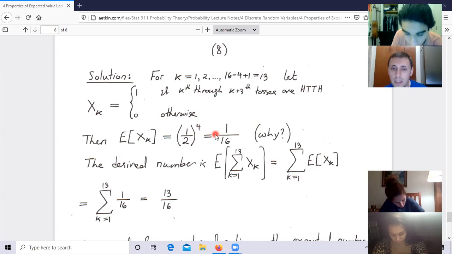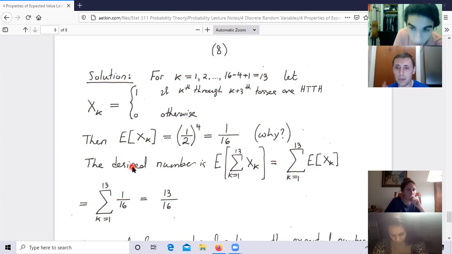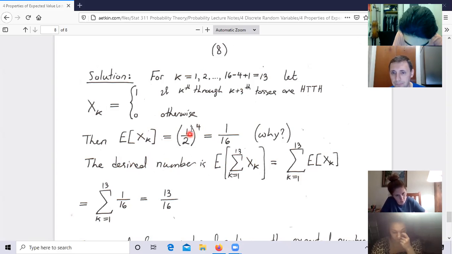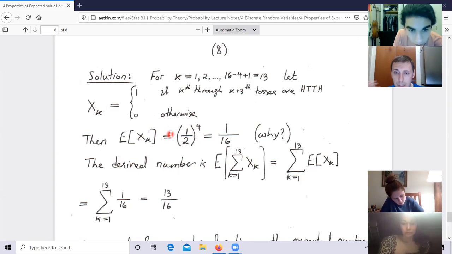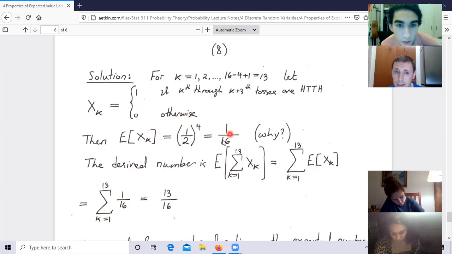Now, how many words will I find? On average, it will be the expected value of the sum of the variables. Do you agree? x1 plus x2 plus x3 all the way to x13. And I calculated the expected value of xk because it's 1 times the probability I get 1, 0 times the probability that I get other patterns, right? So the expected value is the probability of getting that string.